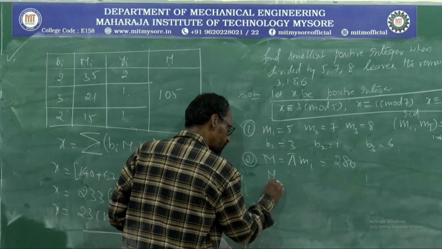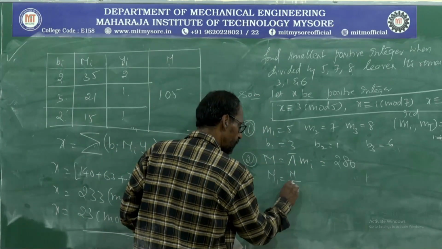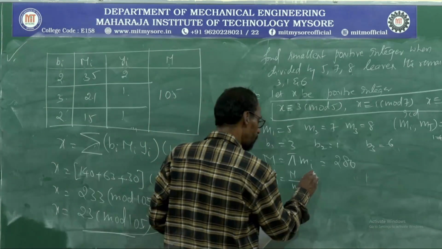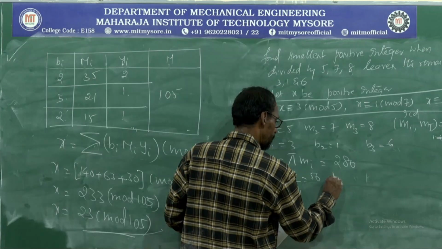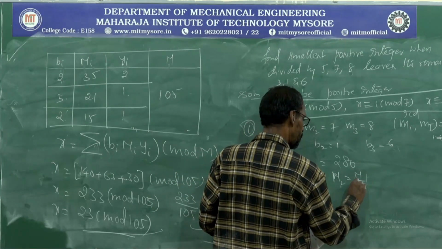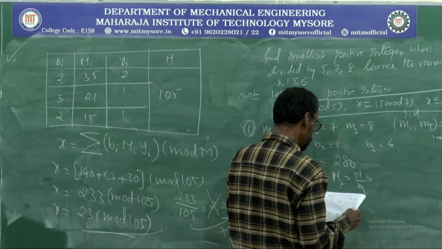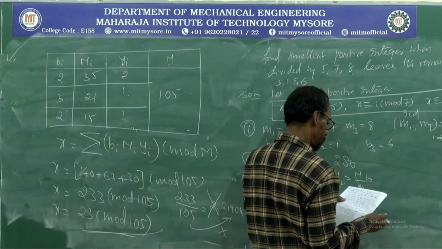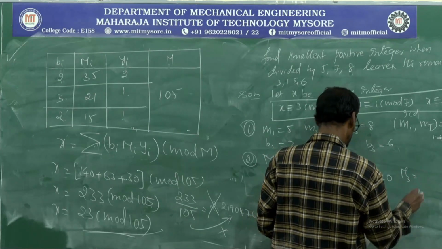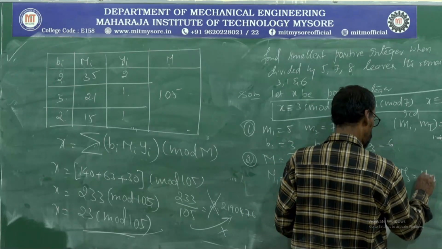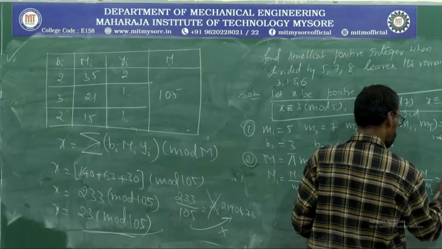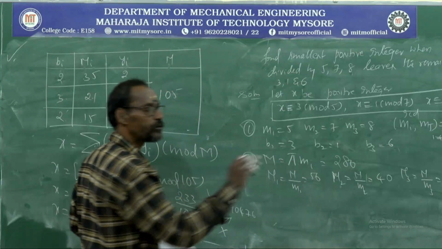In the same step, you consider capital M1, that is M divided by small m1, that is going to be 56, and capital M2, it is M divided by small m2, it is going to be 40, and capital M3 is capital M divided by m3, that is equal to 35. This is step number 2.